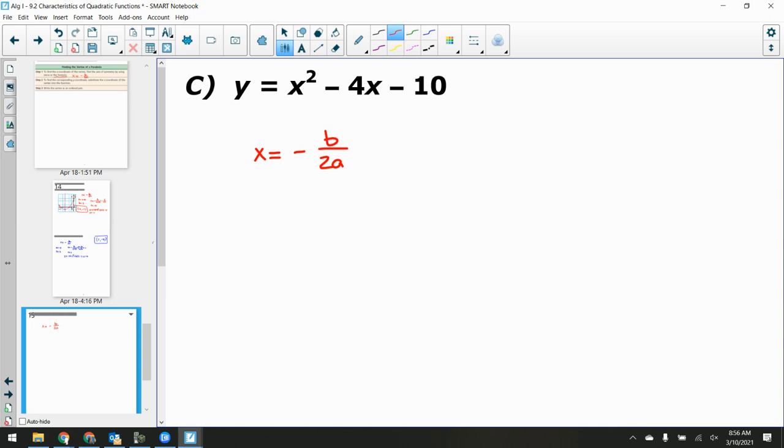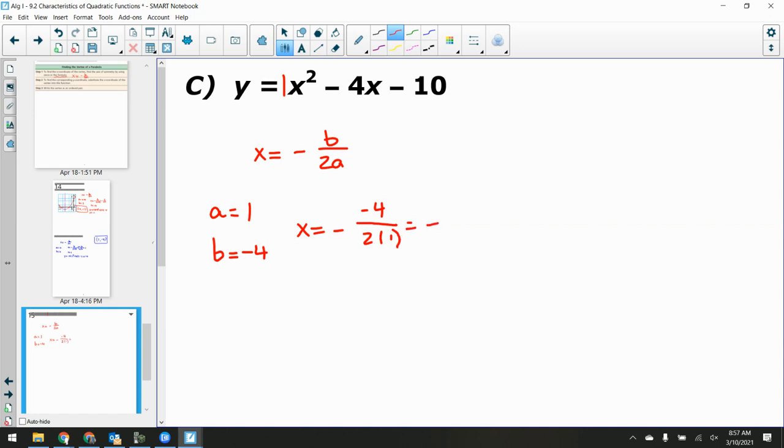Carson, what's my A and my B value? Your A value is 1x, 1. And my B value is negative 4. Good. So x is equal to negative 4 over 2 times 1.